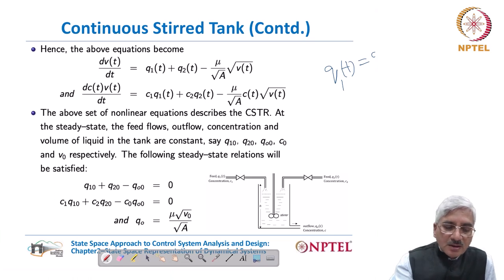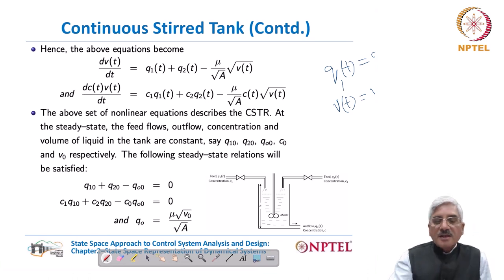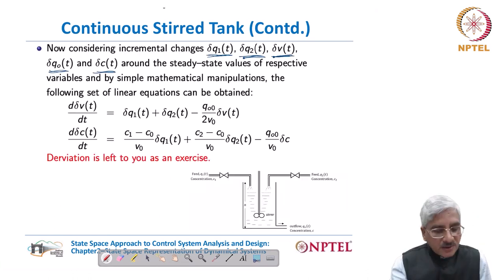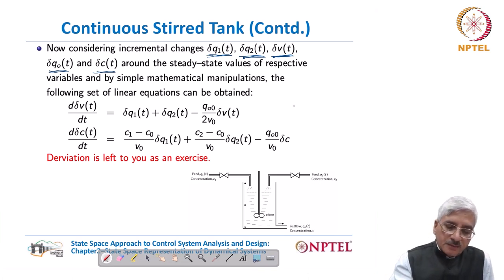Similarly Q2(t) and similarly V(t), which will be V0 plus delta V(t). So we make this substitution, and we also recognize that the rate of change of these steady state quantities with t will be 0. So we do that, and then I leave the derivation to the student, and we will get these expressions.